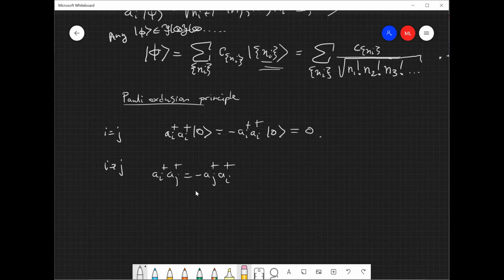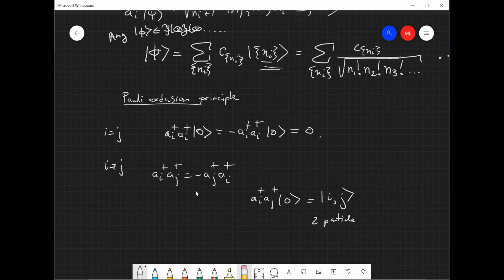So in particular, say you create 2 particles into the vacuum, in state i and j. That'll be a particle in state i and a particle in state j. That's some 2 particle state.